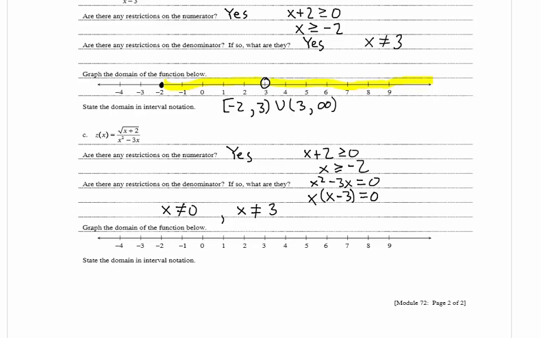So now to graph it on the number line, I'm going to go to negative 2 and put my closed dot because we can include it. And then it's everything greater than negative 2 except for 0 and 3. So I'm going to put an open circle on 0 and an open circle on 3. And now I'm going to shade everything greater than negative 2 except for where my open circles are.